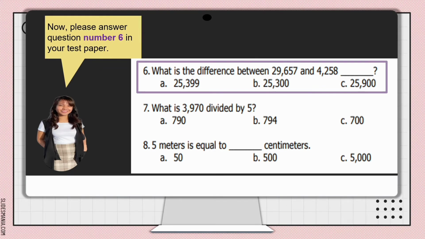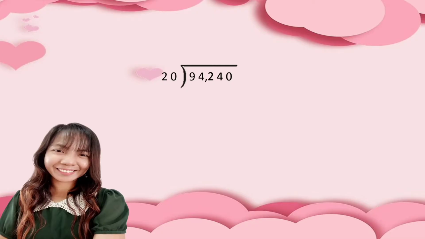Ready? Go! Alright? Now let's proceed. This is an example for number 7. We need to review division. We have this number. We cannot just pick one digit because this one is bigger, so we need 2 numbers.